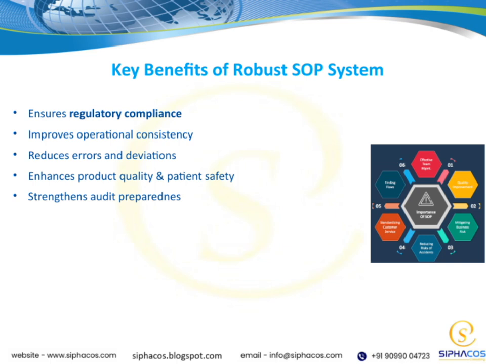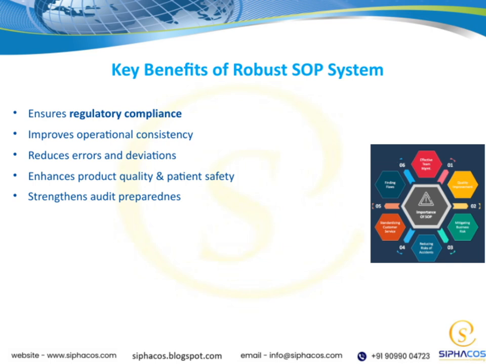Another major benefit is reducing errors and deviations. When procedures are well-defined and consistently followed, mistakes become less likely, and any deviations can be caught early before they escalate into bigger issues. Additionally, a strong SOP system significantly enhances product quality and patient safety.